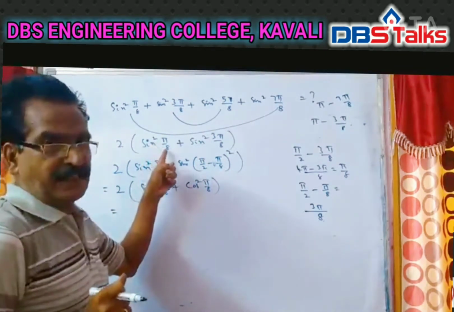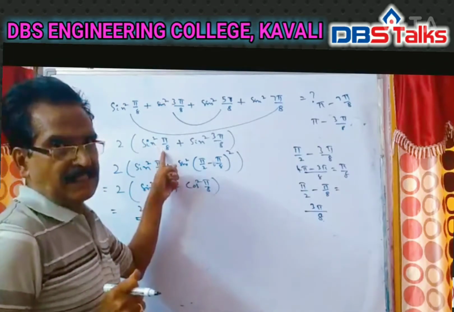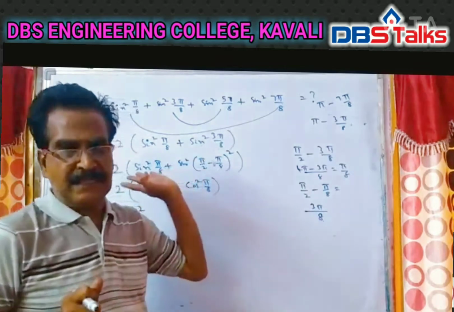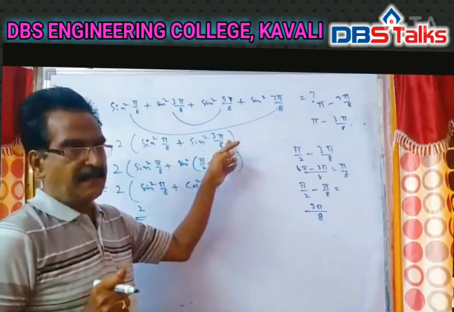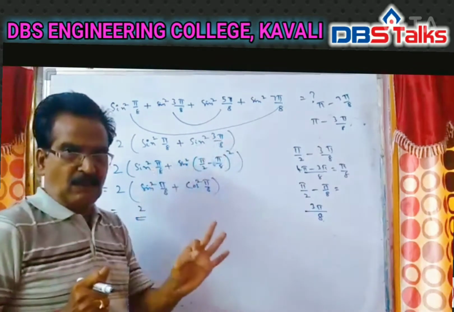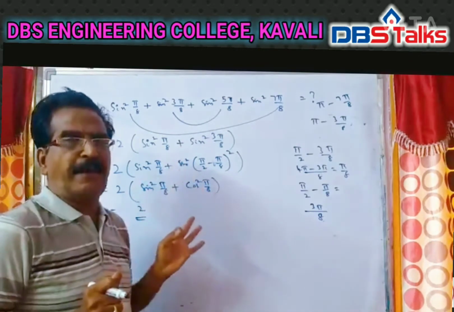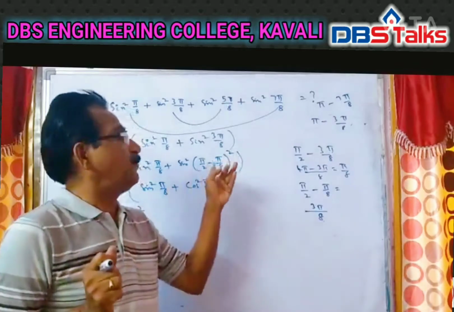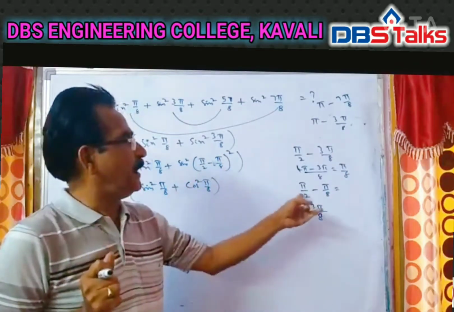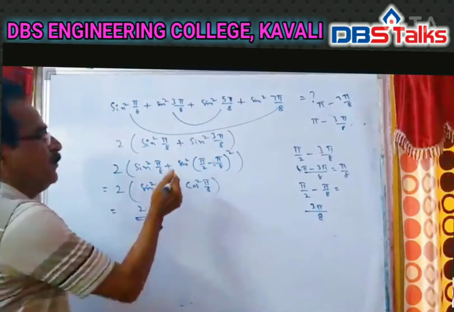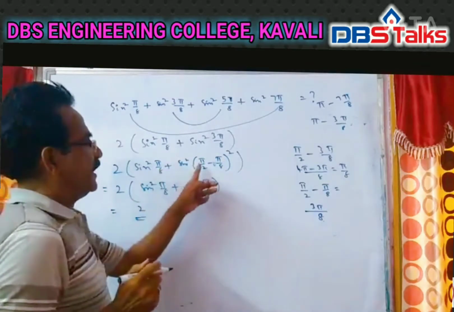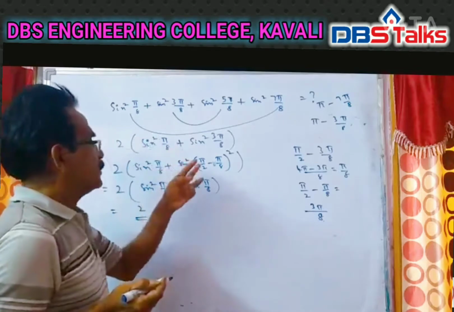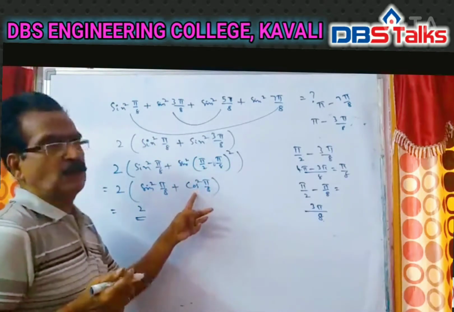If you want to change the other, it is pi by 2 minus 3 pi by 8. Okay, let us change this. You have to remember this point: 3 pi by 8 is equal to pi by 2 minus pi by 8. So, pi by 2 minus theta, sine 90 minus theta is cos theta. So this becomes cos square pi by 8.